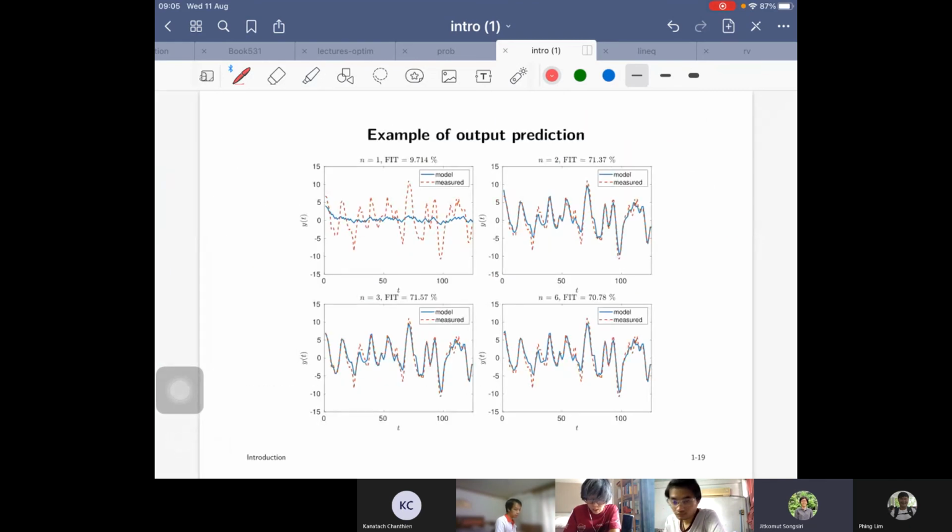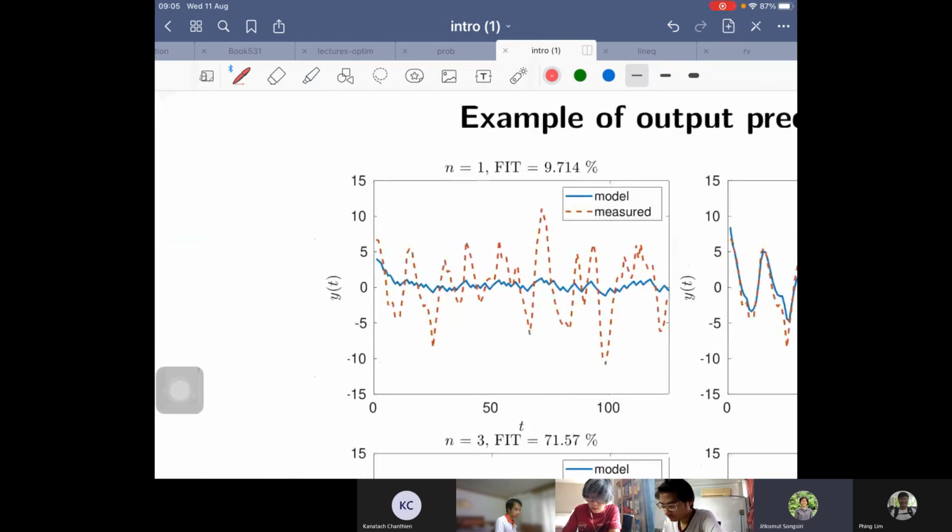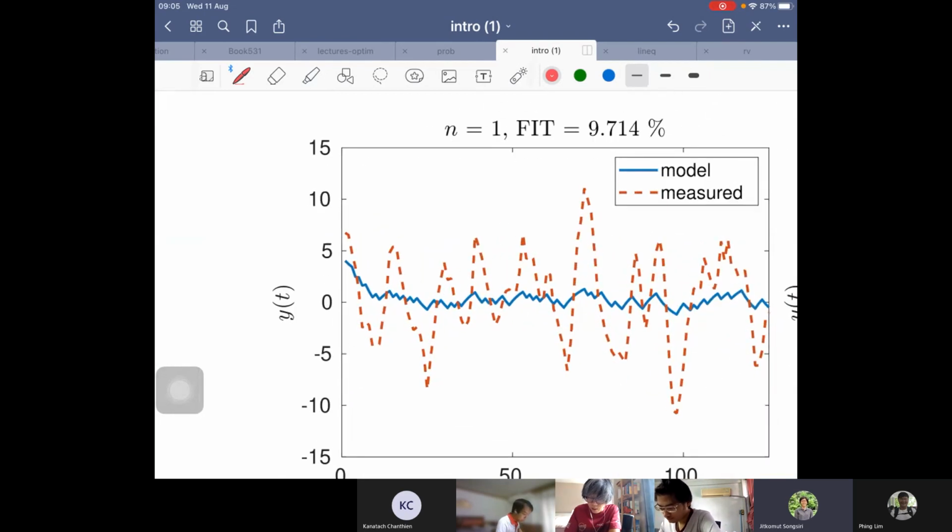I would like you to take a look at the graph here. The blue one is from the model. The dashed orange one is the measurement. This is first order. The fit is the goodness of fit of the model. The higher, the better. The higher means your model can explain the response Y to a very good degree.